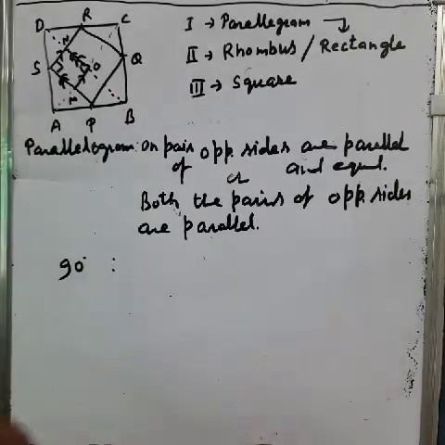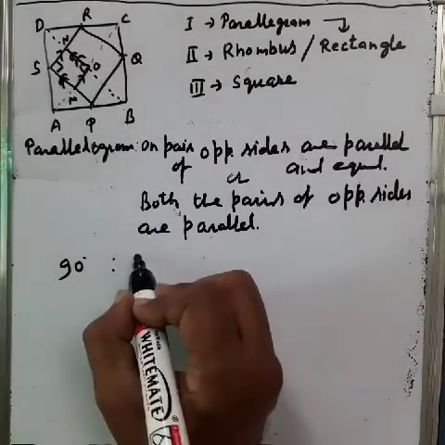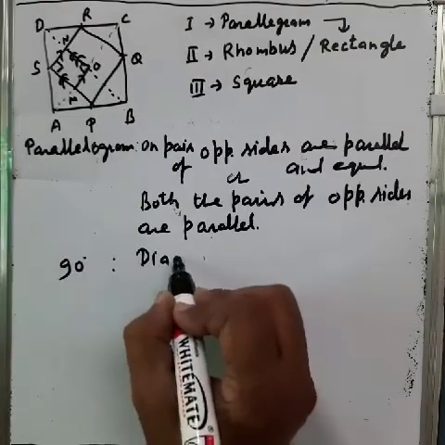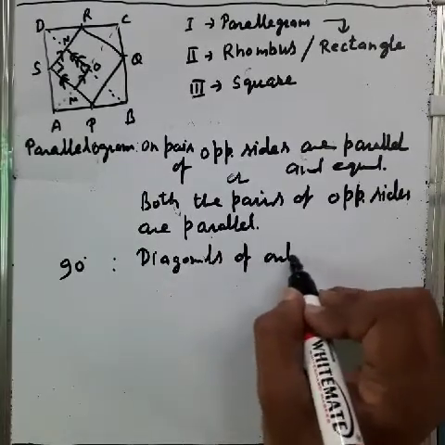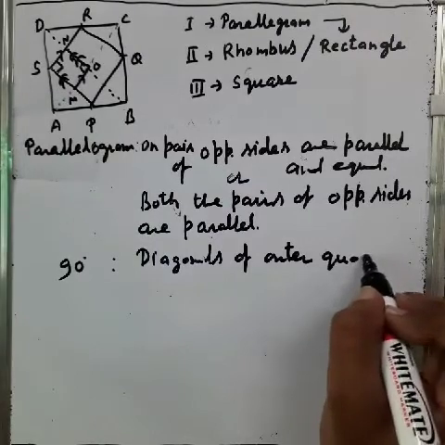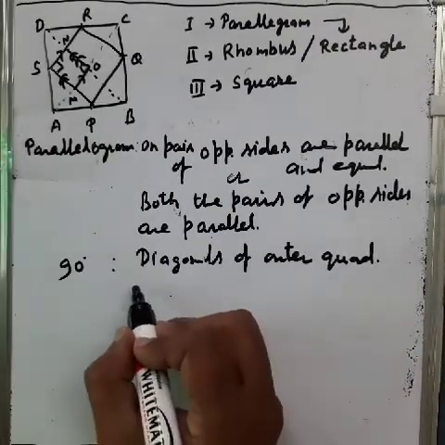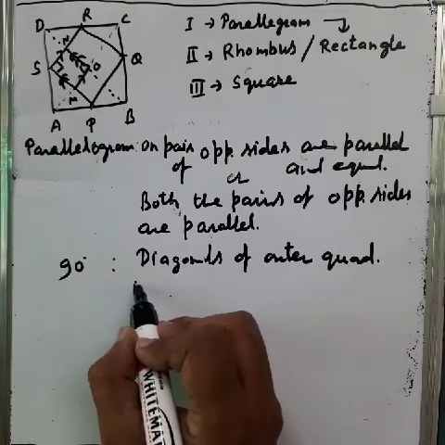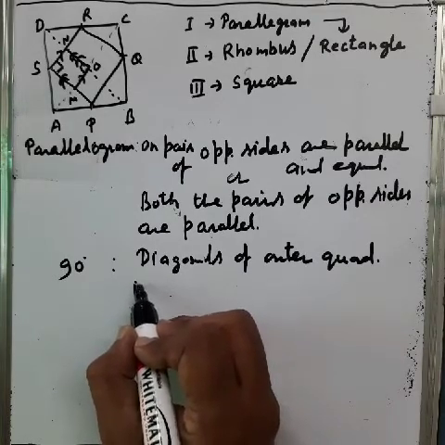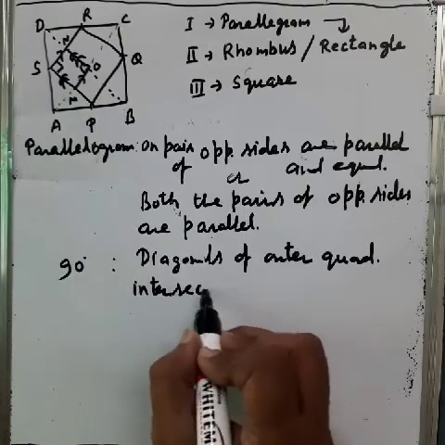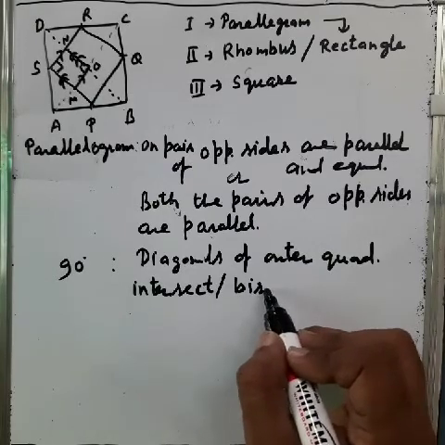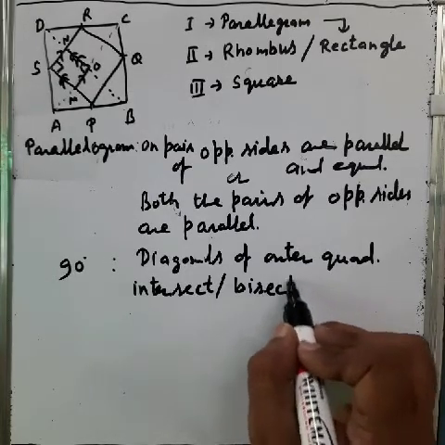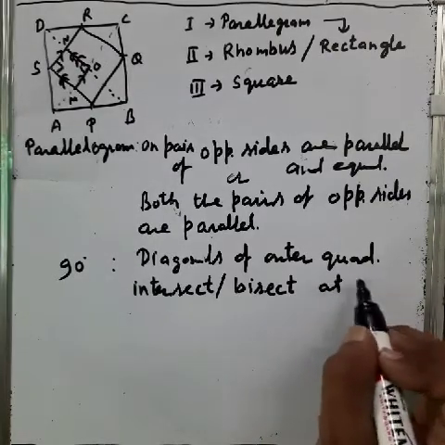For 90 degrees we will prove diagonals of the outer quadrilateral bisect or intersect, or in some cases you will find bisect, it depends on what the outer quadrilateral is, at 90 degrees.